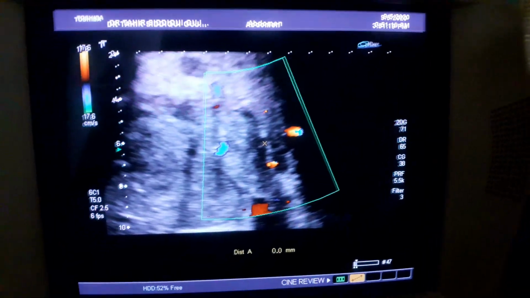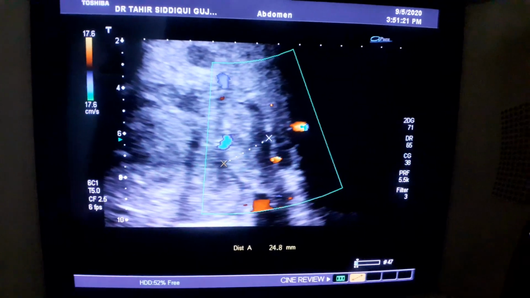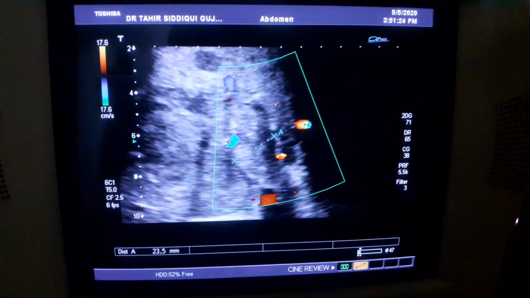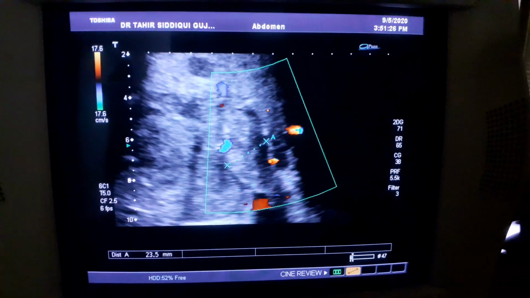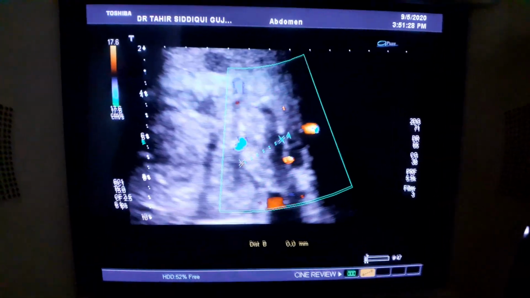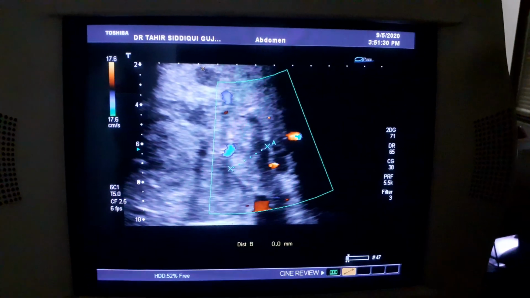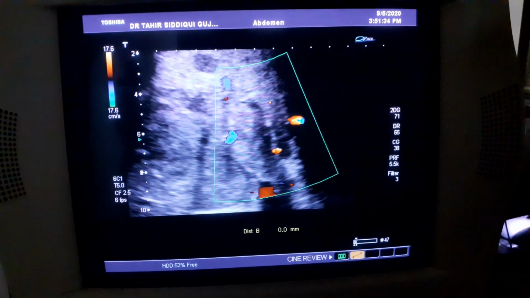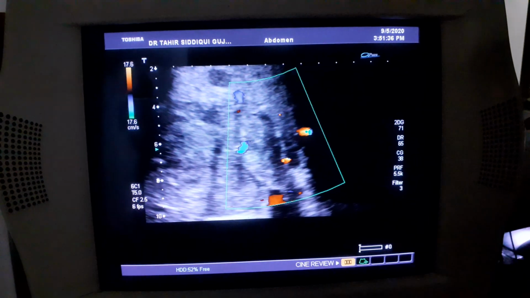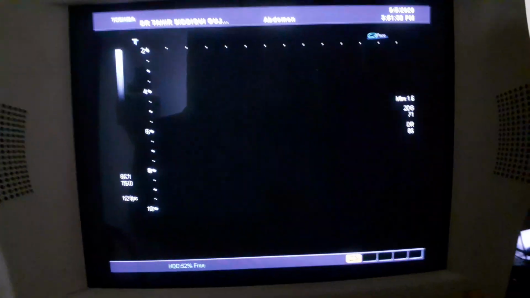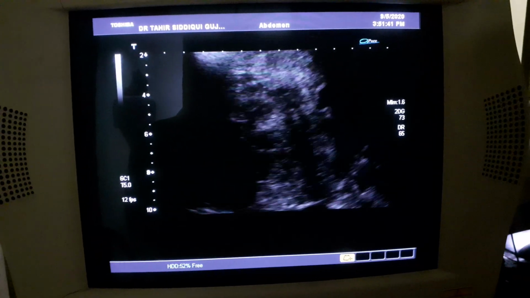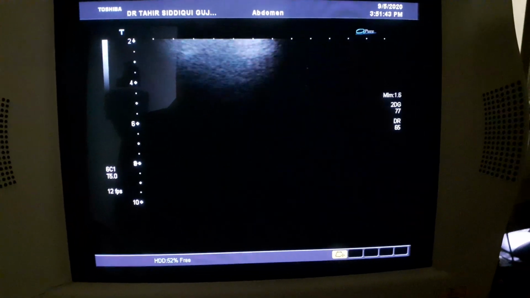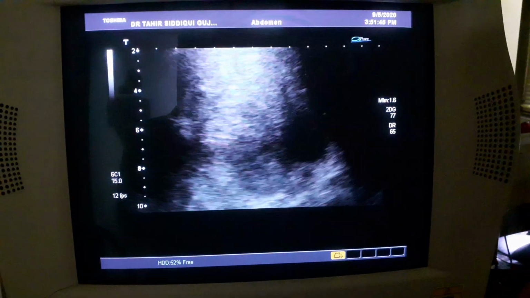And in the region of the clot, it measures approximately 23.5 millimeters. So it is significantly dilated in this region, along with multiple hypoechoic focal lesions. All segments are studded with focal lesions. None of the segments is spared.